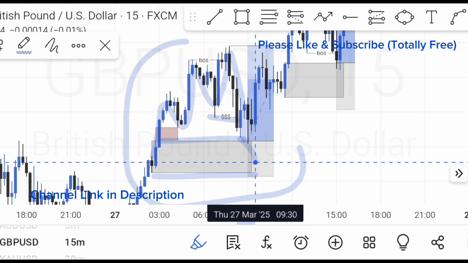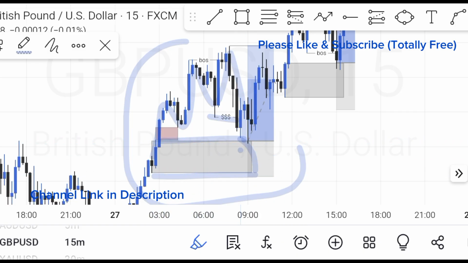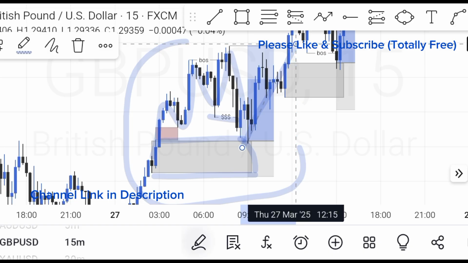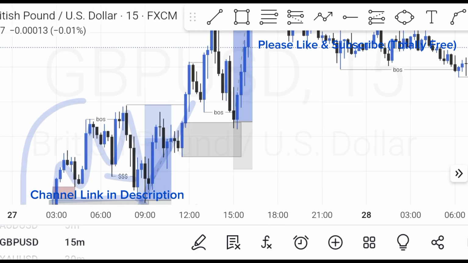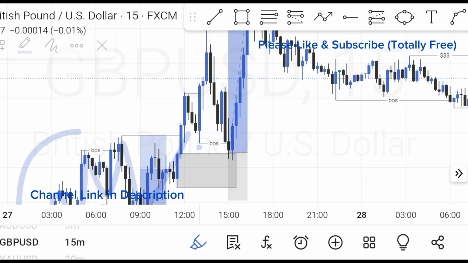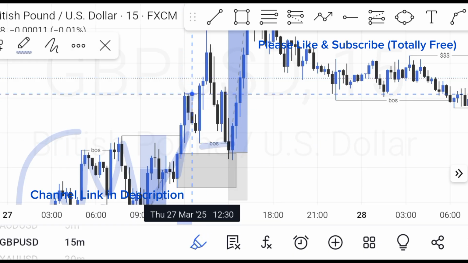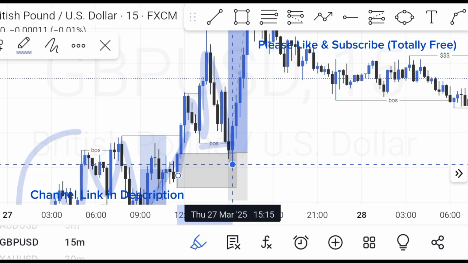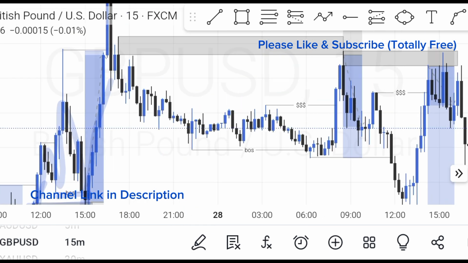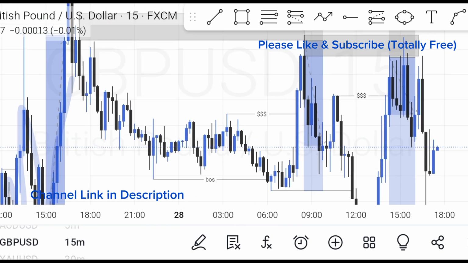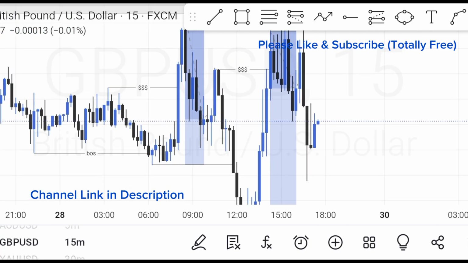Maybe I'll do a video on POI, so you know where to put your POI, and then head to the upside. Simple stuff. You don't need to overcomplicate things with trend lines and the rest. Just use this stuff, and then you target it and head to the upside. Very simple. As you can see, I'm currently on this trade.